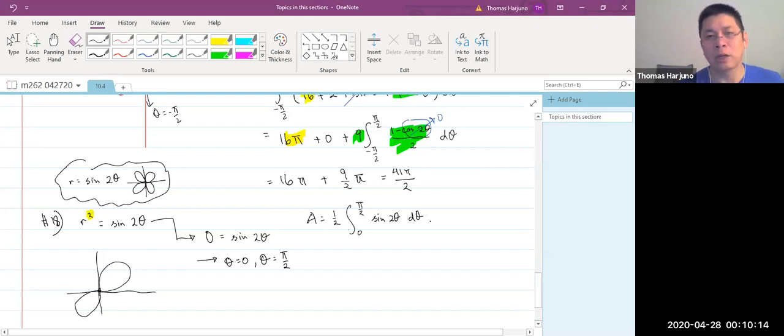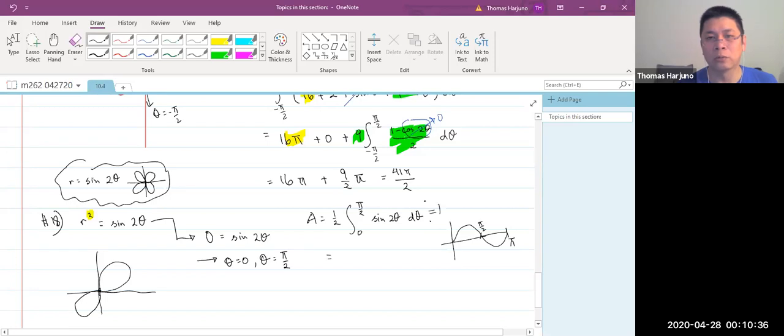Okay, and I think we can just integrate it directly from there. Let me see, sine 2 theta looks like this. This is pi, this is pi over 2. The answer is 2, so this equals 1? Is it equal to 1?